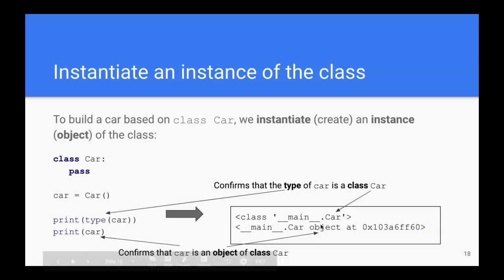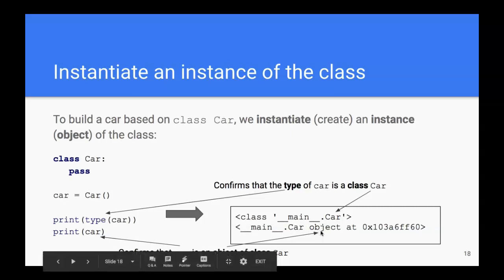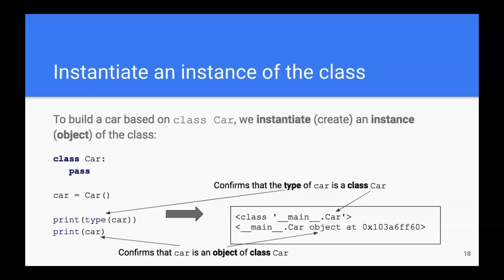So this is no longer just a Car class. It's actually an object of the Car class. So this is an actual car. Okay, so far so good. We have a blueprint and we actually have an object based on that blueprint.